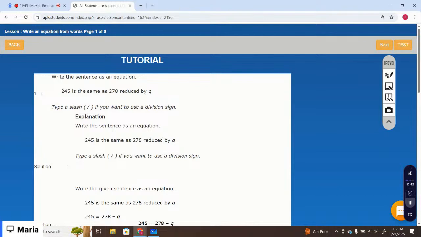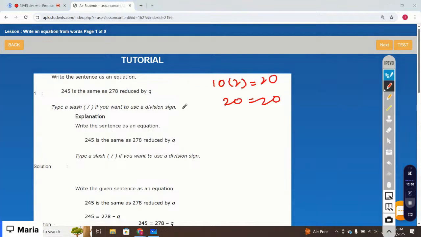Write this sentence as an equation: 245 is the same as 278 reduced by q. Same as means they are exactly equal. Reduced means subtraction, you have to subtract. So 245 equals 278 minus q.